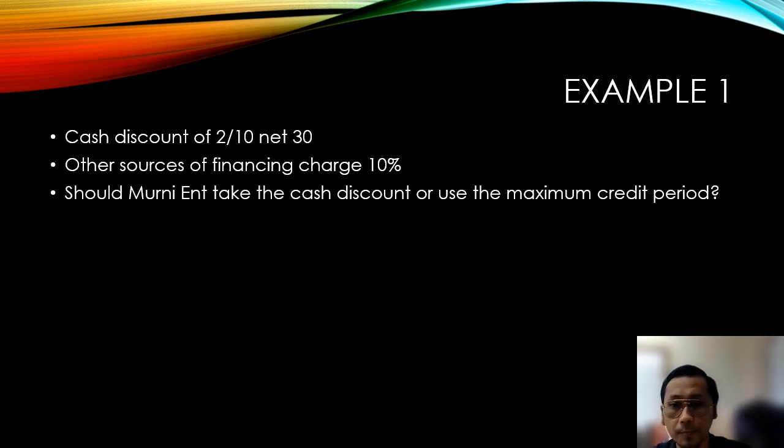So from here, we can see that A is the percentage discount, which is 2%. B is the cash discount period, which is 10. And C is the credit period, which is 30.